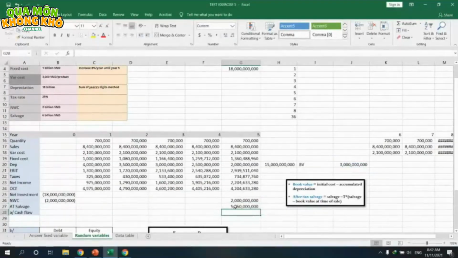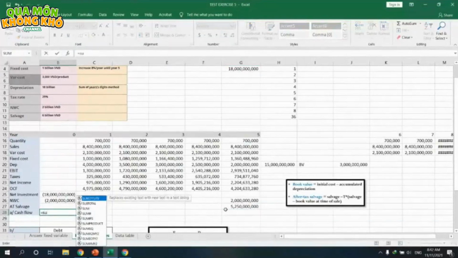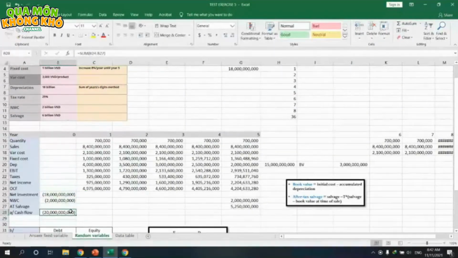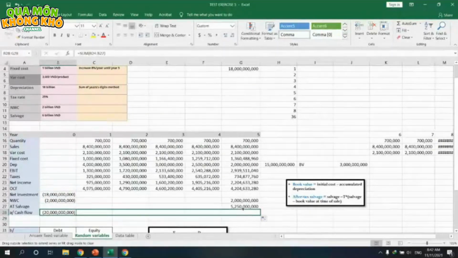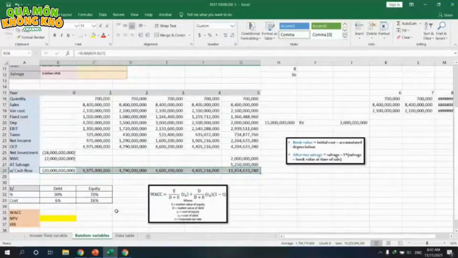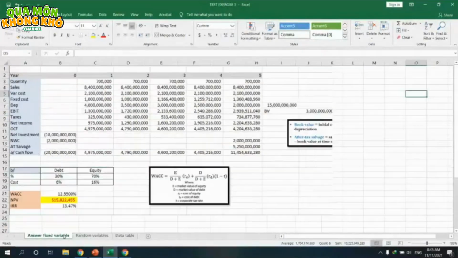So we have 5.25 billion. And to calculate the cash flow, we will sum the operating cash flow with all these costs. Here, we have all.